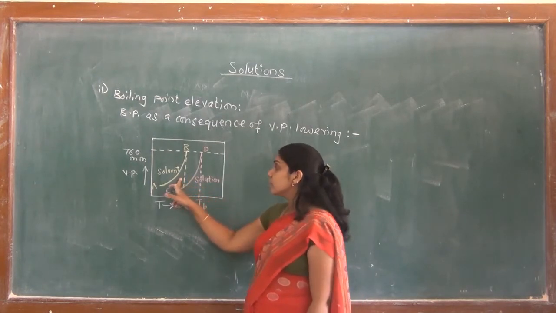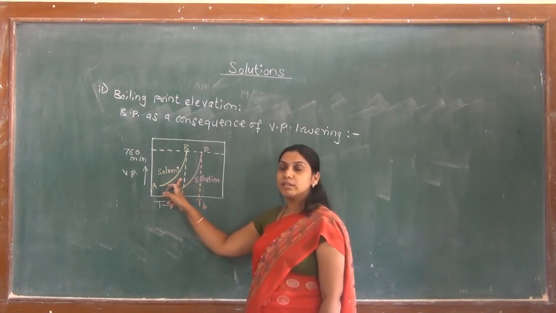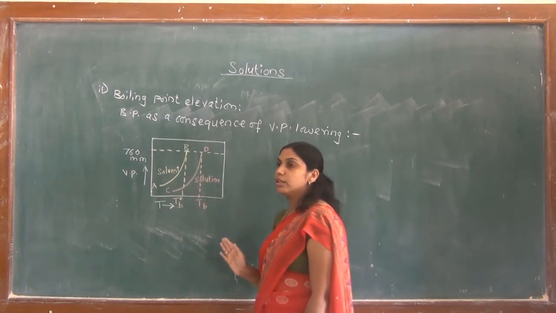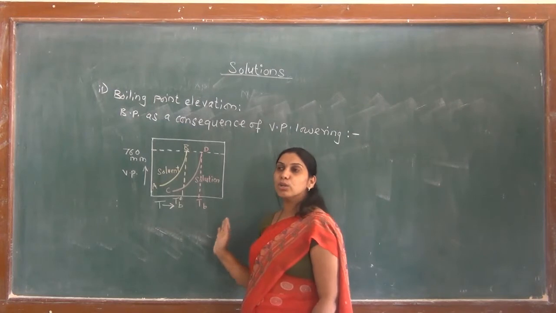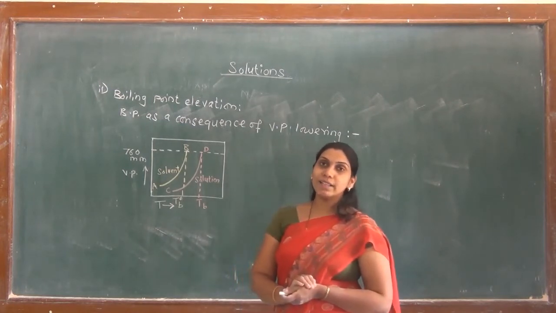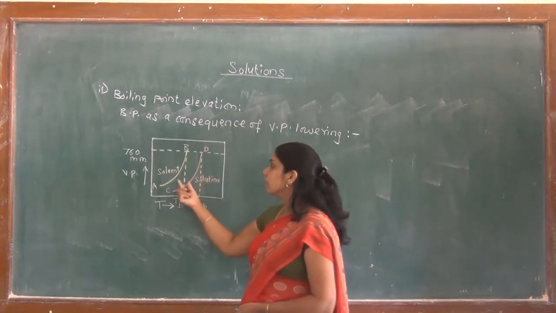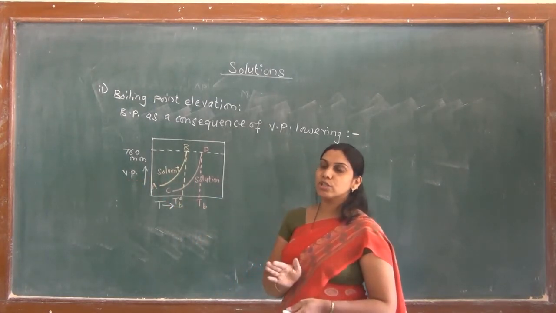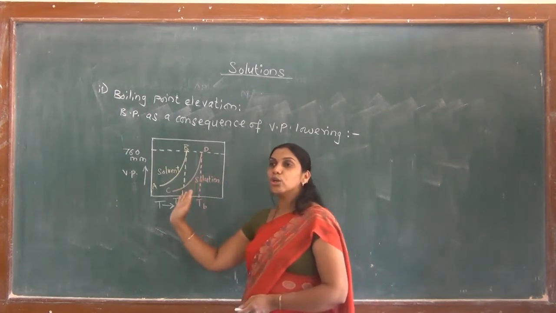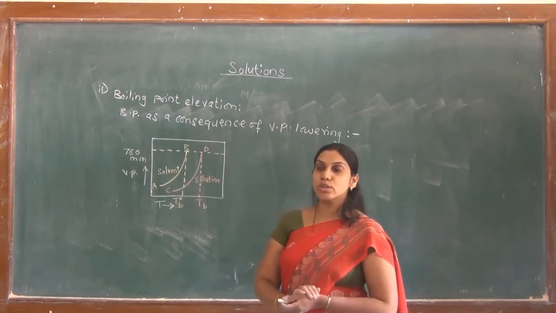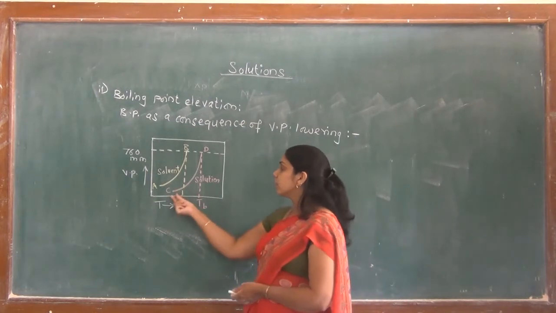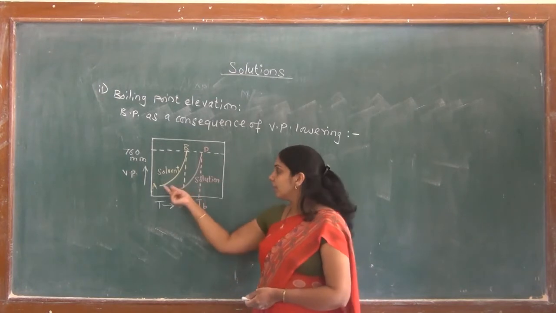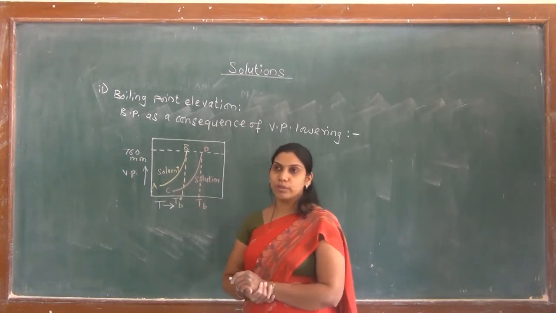The curve CD lies below the curve AB. Why is this so? Because you all know that the vapor pressures of solutions are always less than the vapor pressures of pure solvent, and hence the curve CD, for the solution, lies below the curve AB, for the pure solvent.